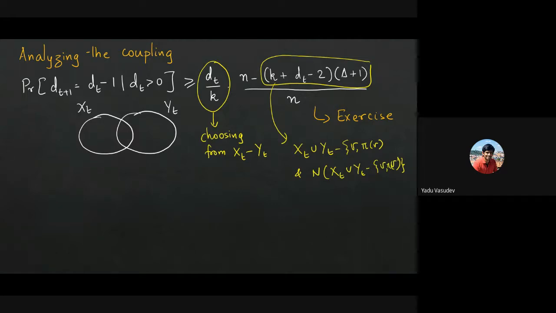You choose from outside that, and the probability that Dt plus 1 is less than Dt, that is, equal to Dt minus 1, is at least this probability, correct?